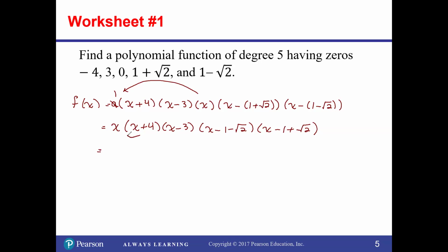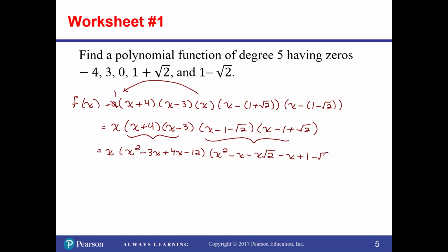Now to expand, we're going to do these in groupings like this again. We'll have that x, and this will end up being x squared minus 3x plus 4x minus 12. If we expand this part, we'll have x squared minus x square root of 2. Then we'll have minus x again plus 1 minus square root of 2.